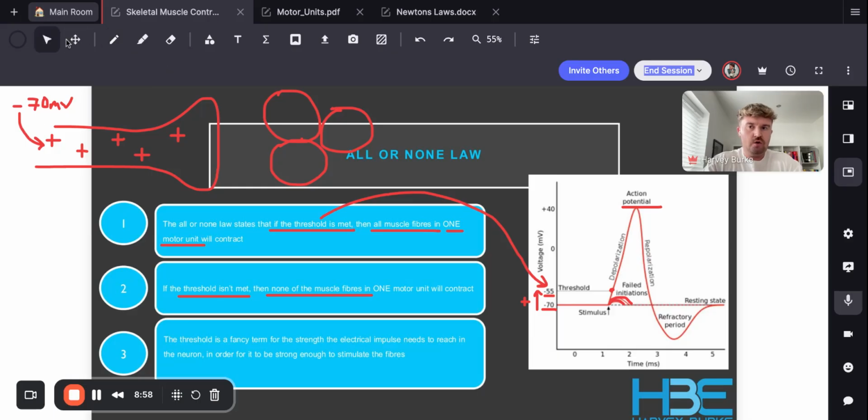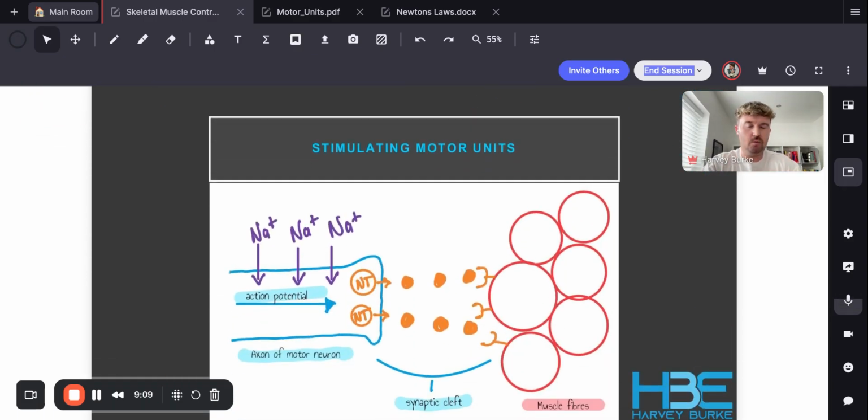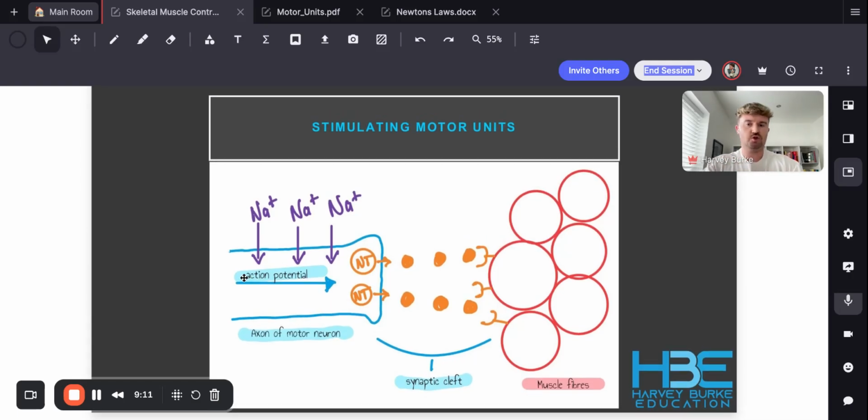Now, moving on to what's going on all the way from the brain to the muscle fibers. This is where it is more relevant for OCR than AQA. They want you to be able to describe the order of events that are occurring down this neuron all the way until the muscle fibers contract.